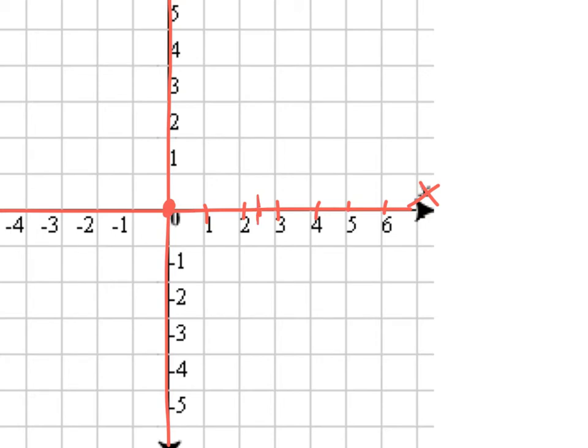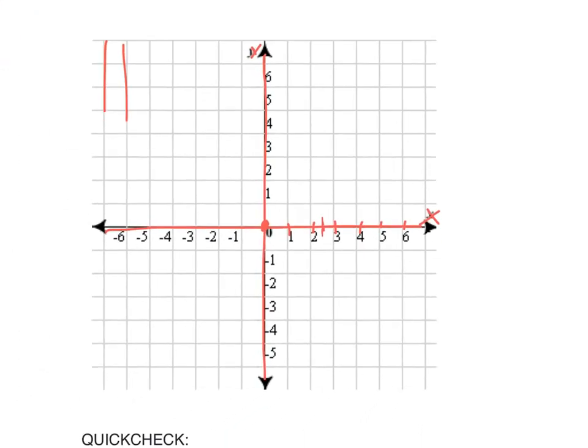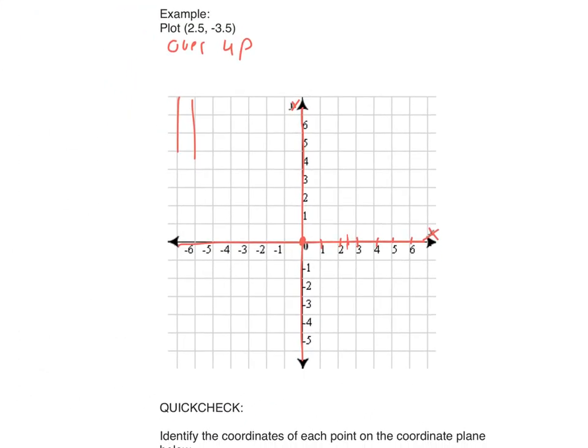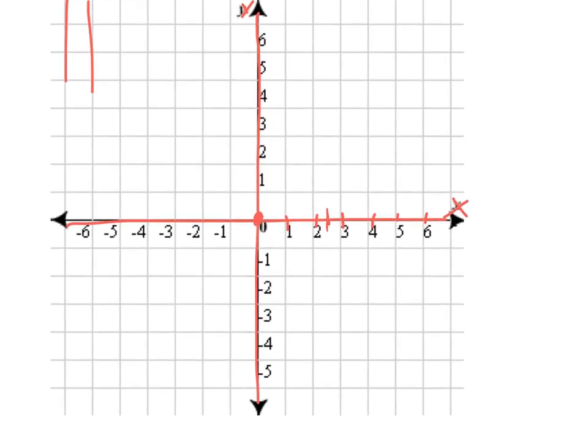So that's over 2.5, and then we need to go up negative 3.5. So from that point right here, I need to go up negative 3.5. That means down 3.5.